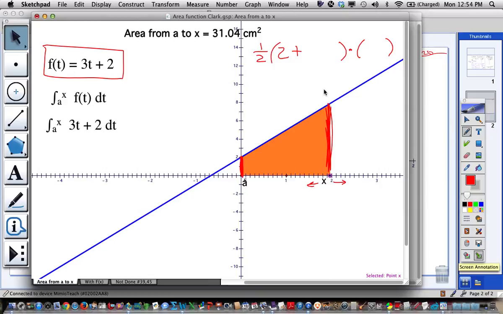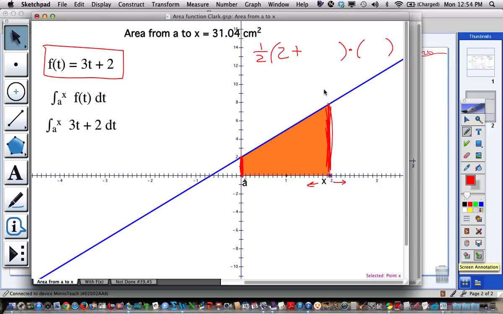Now let's think about this. How do we get this base? Well, you could just look at the graph, but technically we put a 0 in for t. We get 2. How do we get this one? We put an x in for t.